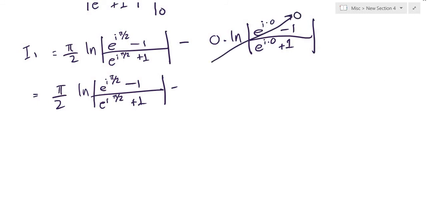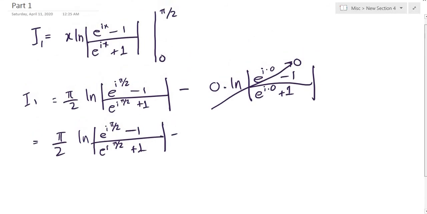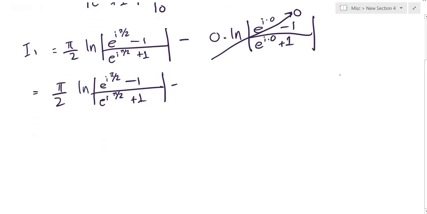I'm just not showing all the steps because this video is already going to be long. So we have a 0, so we just basically ignore that. Now what is e raised to i times pi over 2?